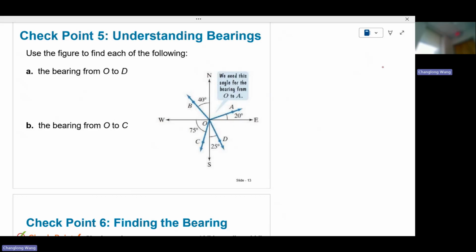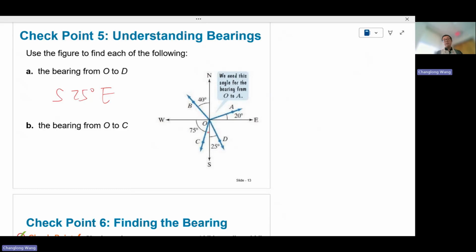So you should say south 25 degrees east. See that? It's on the east side of the south. You're facing south, turning to the east by a small angle. Now OC.